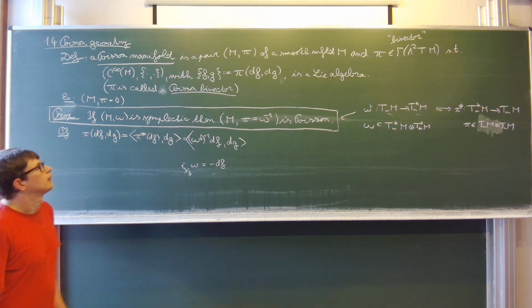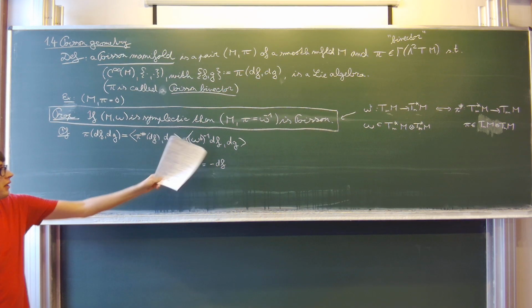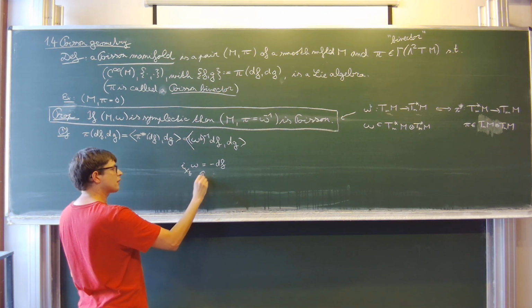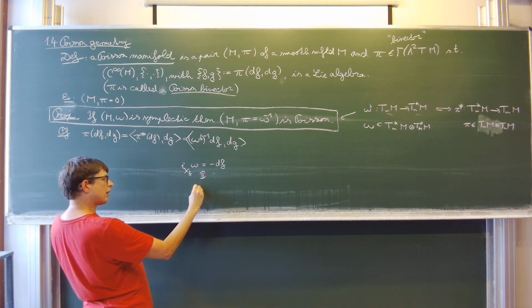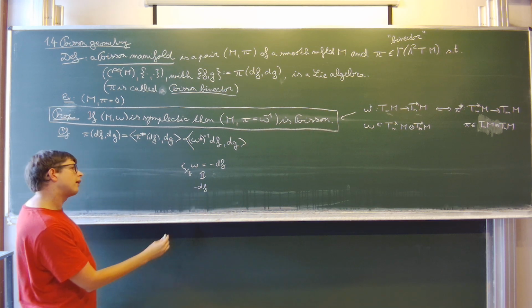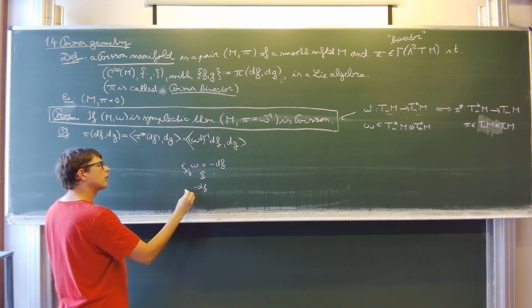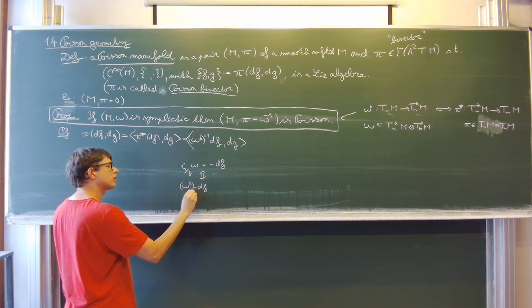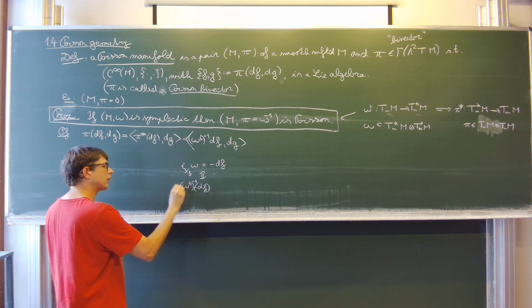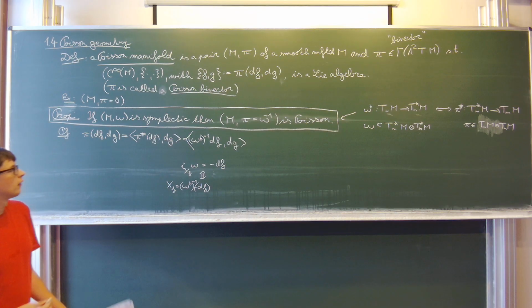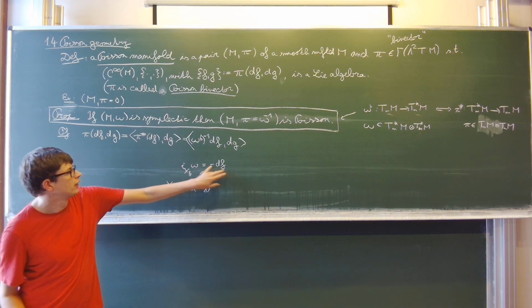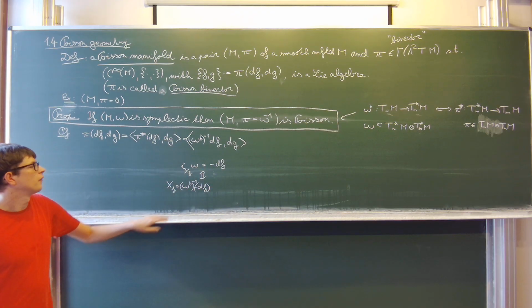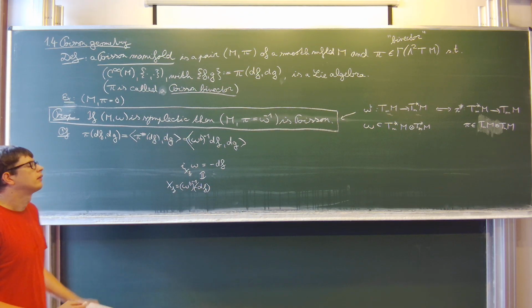If you write it in this flat sharp language, this is the same as saying that if you take minus df and apply omega flat inverse, then you get Xf. I take the df, and then you use the inverse of the map which sends vectors to forms.